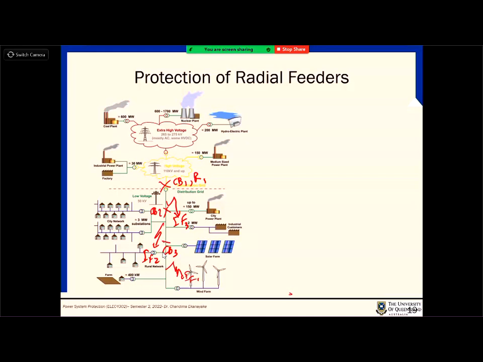Auto reclosers detect these faults and then open, and then again they close. Open and then close. Why? Because if it was a sudden incident, you don't have to have the complete disconnection, as there is no permanent problem in the system. So they close it.